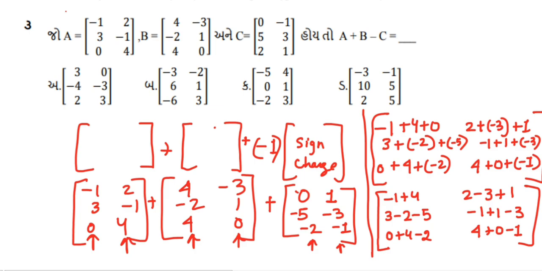The first will be 3, which means I can see the first option, that it is positive 3, and that is why I can tick option A as correct. Let us cross verify once more. Here is 2 and -3, that is -1, and plus 1, that is 0. Yes, definitely option A is correct.